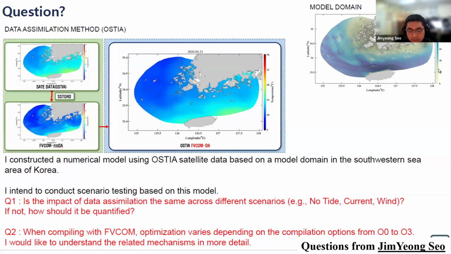Or if it is not affected only by variables, then how can we quantify the data simulation effect on this case? That is my first question.